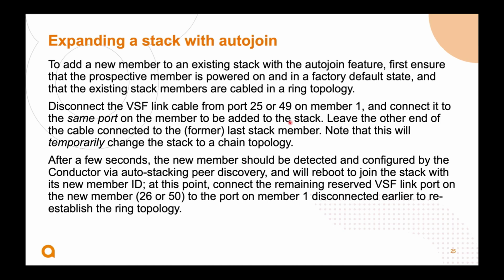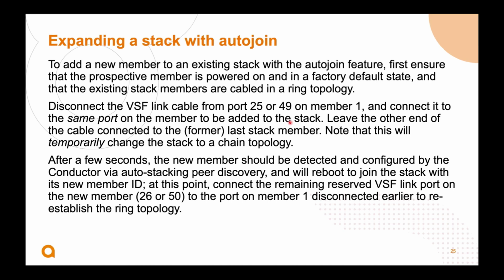So what this will leave you with is a temporary chain topology with member 1 at one end and your new member at the far end, connected between the higher number port on that previously last member to the lower number port on the new one. And after a few seconds, the new member should be detected and configured by the conductor via peer discovery.